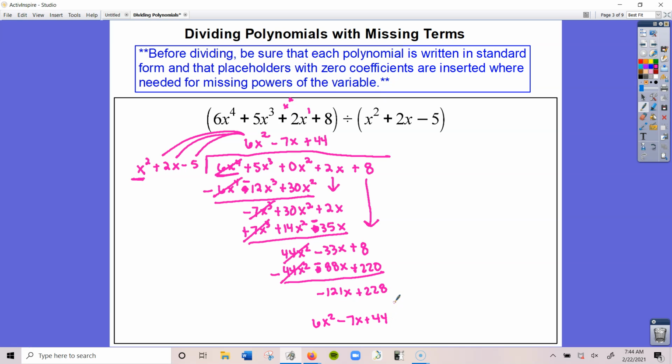Now I'm going to add my remainder, so I'm just going to put plus, and now negative 121x plus 228, and everything is over my divisor, so the x squared plus 2x minus 5. Let's try a few more before we move on.